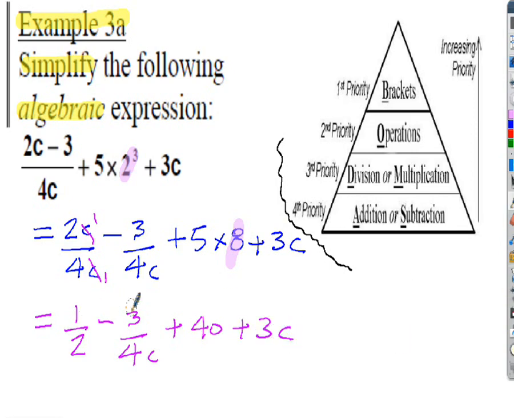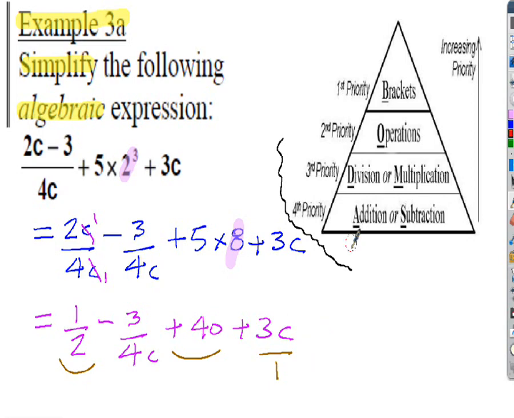There's not much simplification in this line because the only like terms I have are the half, which is a constant, and the positive 40, which is a constant. This term here and this term here are not like terms because that's 3 upon 4c here and that's 3c upon 1 here. This term has a c in the denominator and this term has a c in the numerator, so I can't add them together.